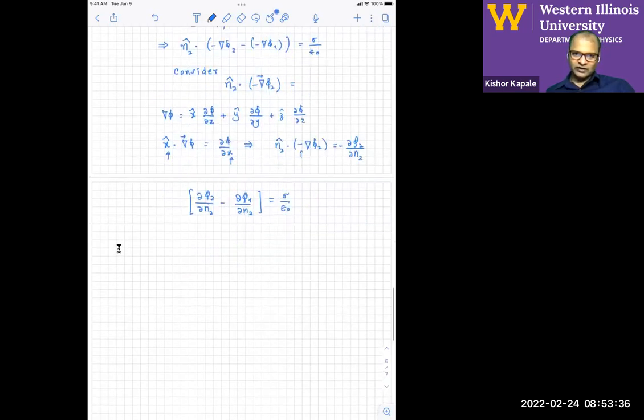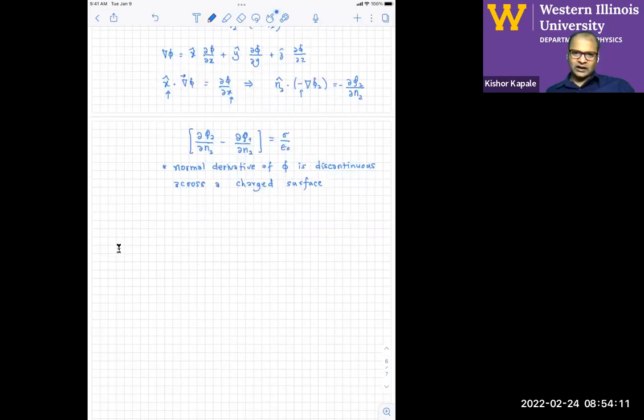That means what we get here is that the normal derivative of phi is discontinuous across a charged surface. Okay, that's what that means.